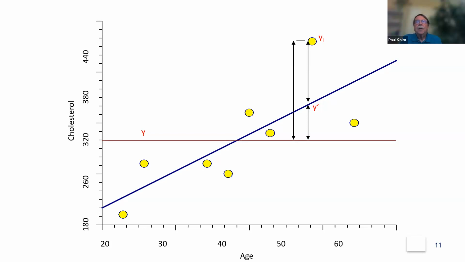And then we can look at the difference between the observed and the regression line. And so if we do that, then we come up with this formula where the sum of all the squared differences between the observed value and the mean value is equal to the sum of those two partitions, the y prime minus y, the mean, and then the y sub i minus the predicted value. And you see that these are all squared.